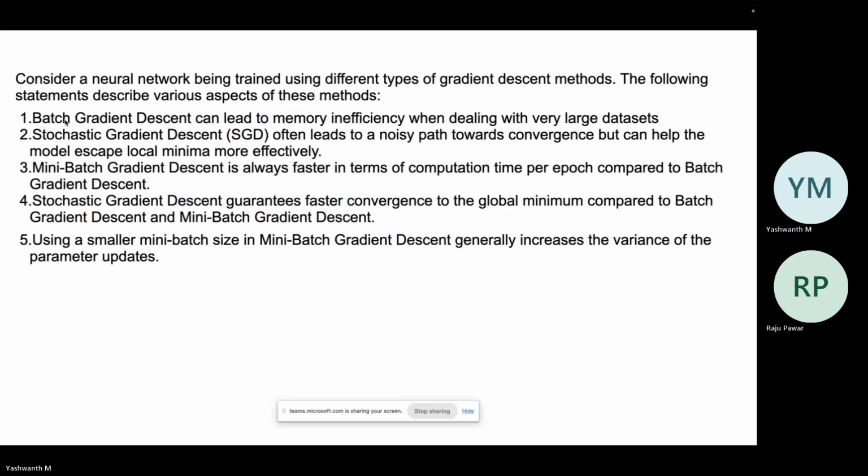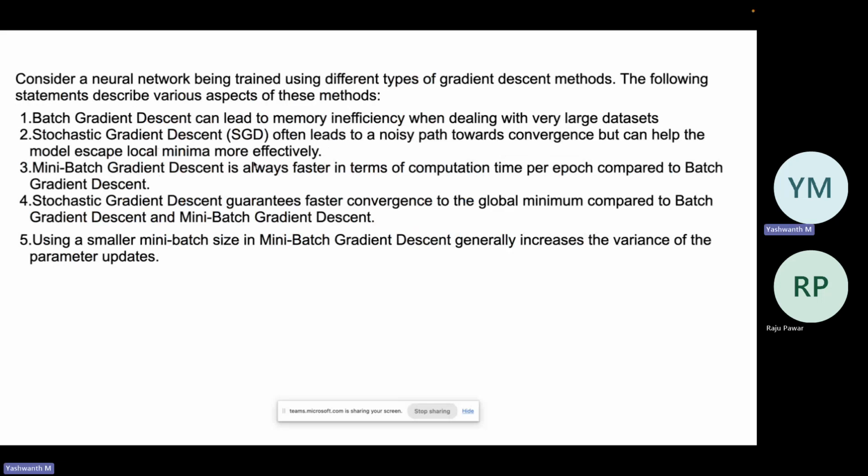There's something called full batch gradient descent, which is gradient descent using all the data points. So this is true: you cannot use the complete data points as a batch when dealing with large data sets. And SGD often leads to a noisy path, and this is correct, it can help in escaping the local minimum.